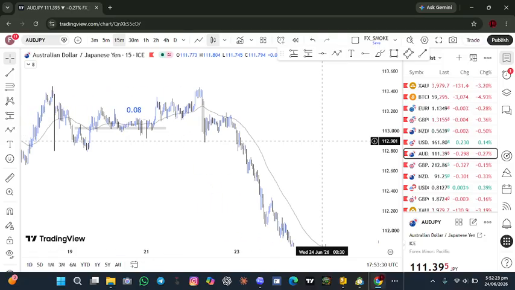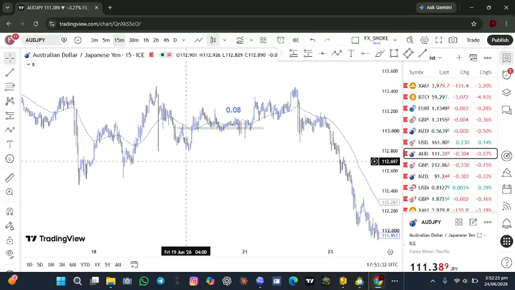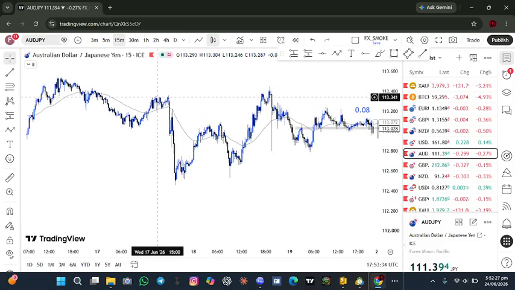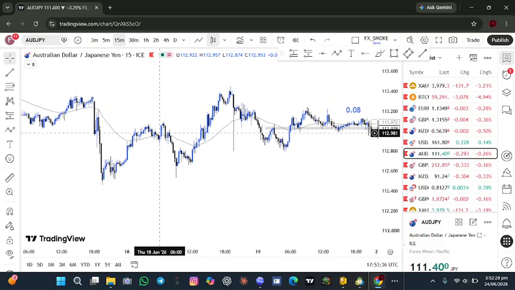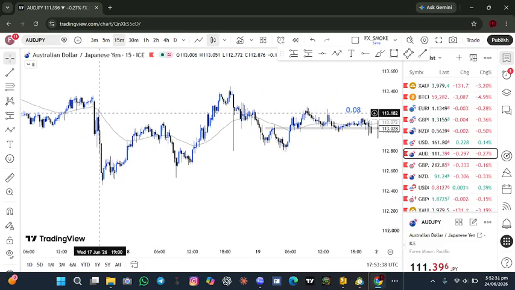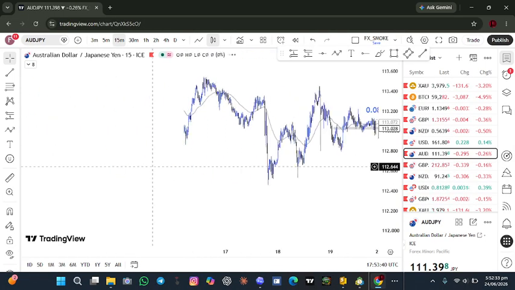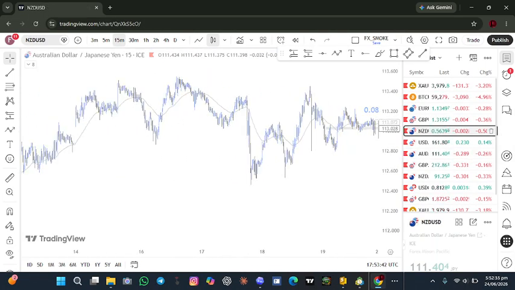Because the market could be doing anything. Maybe the market is just respecting the news coming up. So yeah, the rejection entered over here, but we made our money out.